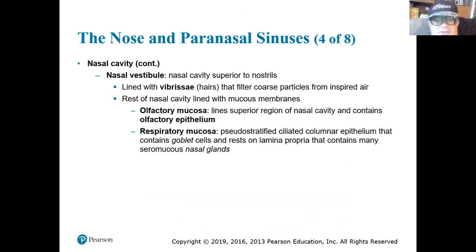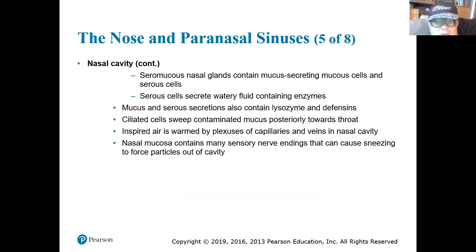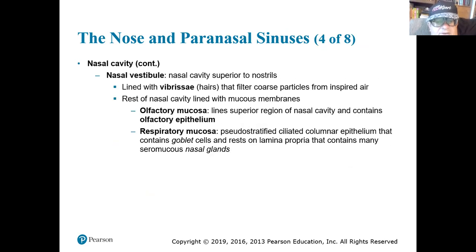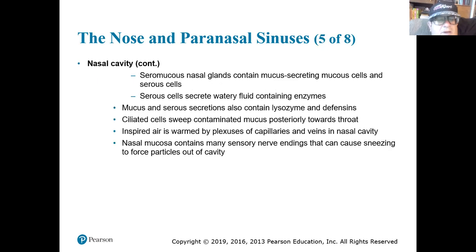We did that. Mucous membrane, nasal cavity, respiratory mucosa. We did that too. So the mucus and the serous secretions contain defensins, they contain lysozymes.